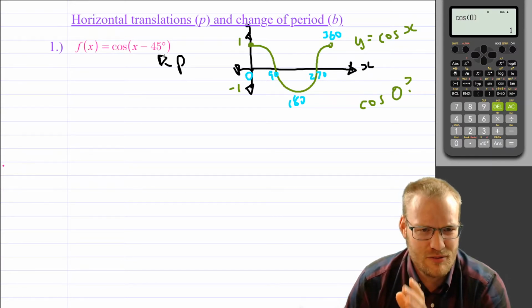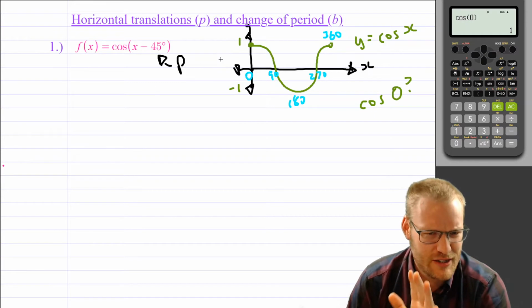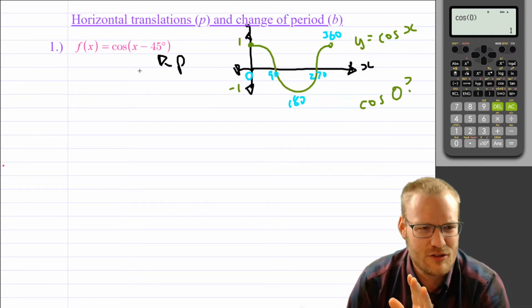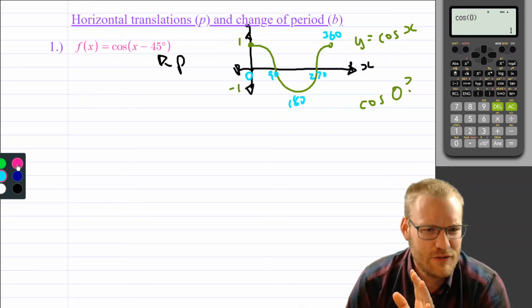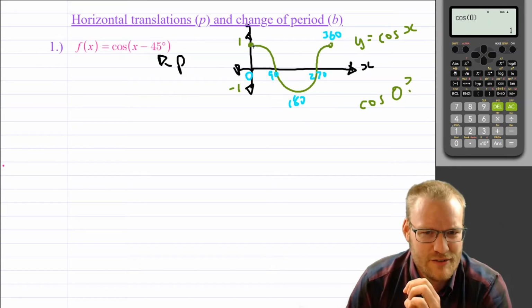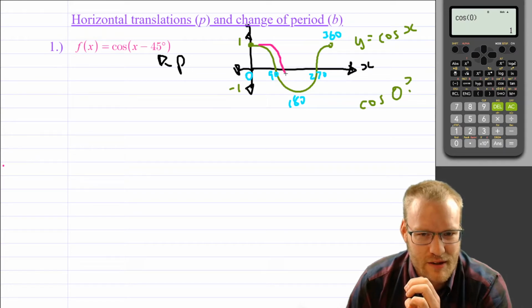And we can always just use our calculator to check, which we'll do in a second, of course, but this is moving right. So instead of starting there, it's going to start at 45 here, and everything's just going to be exactly 45 degrees to the right. So we won't quite get there, so it would go like that.